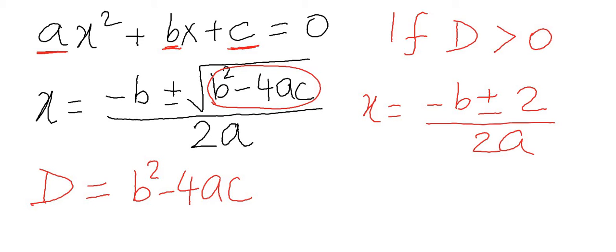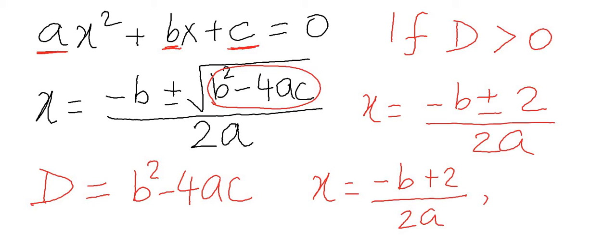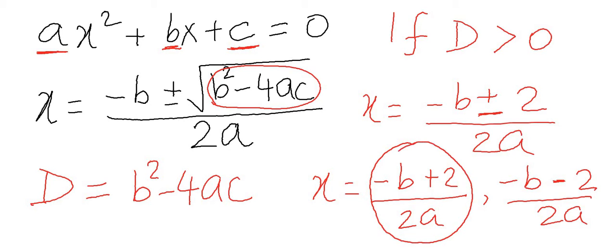So then you have x as two values. One is minus b plus 2 over 2a, and the second value of x is minus b minus 2 over 2a. So if D is greater than 0, then you have two real values of x.